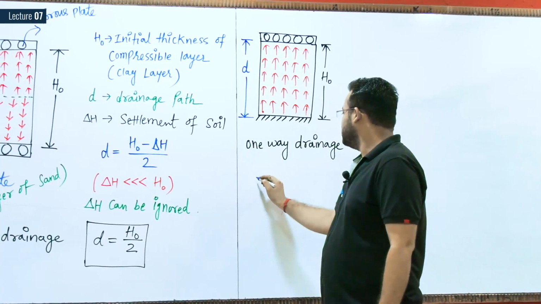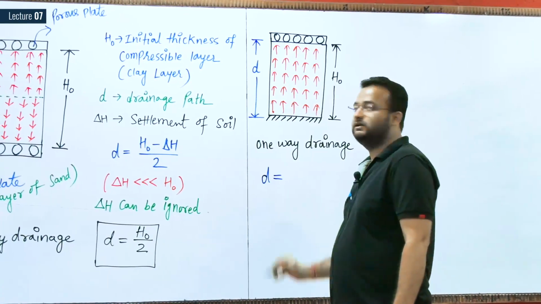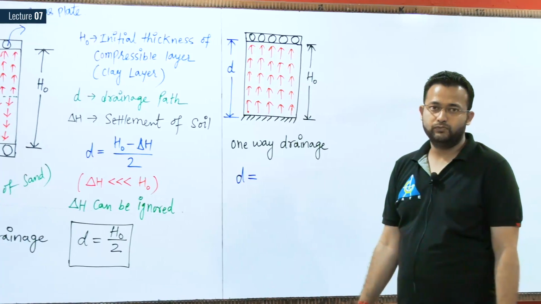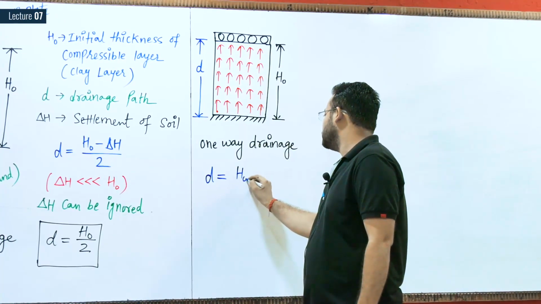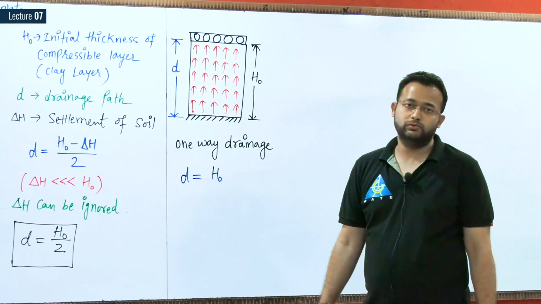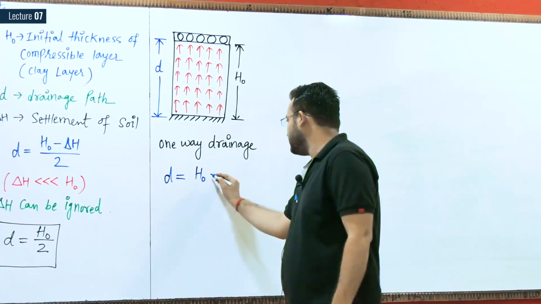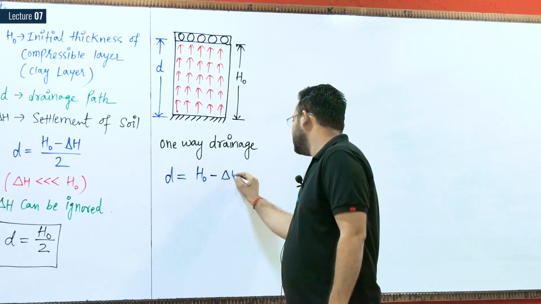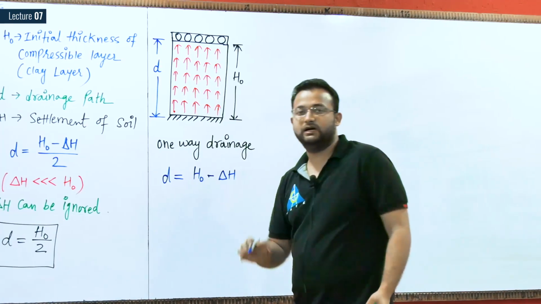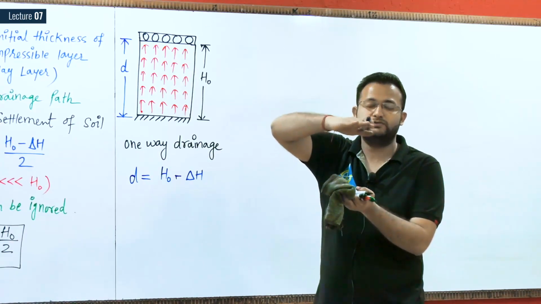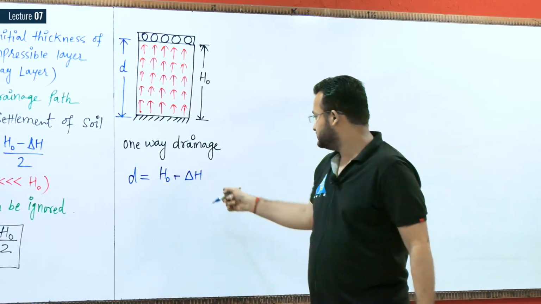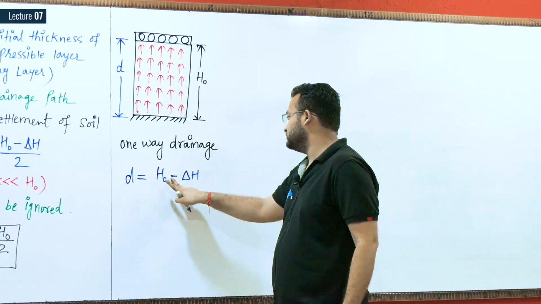So what can be the value of the drainage path? Drainage path D will be equal to H0. Am I right? No, you are not right. Why? Because here again delta H will come into the picture. The load is applied, water is draining out, and settlement of soil will occur, so we should subtract it.